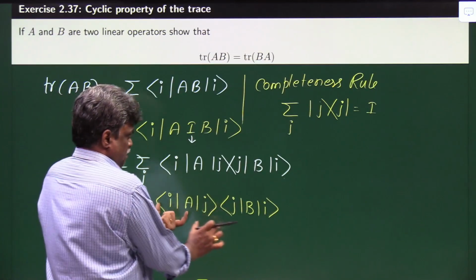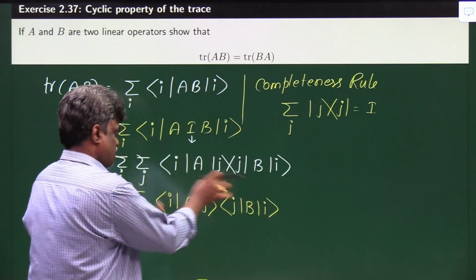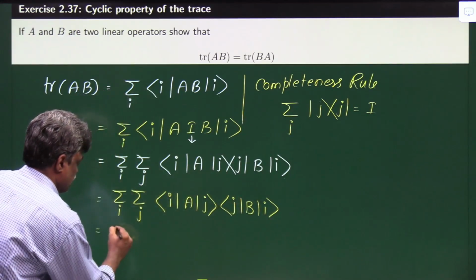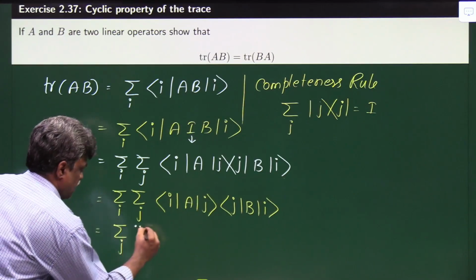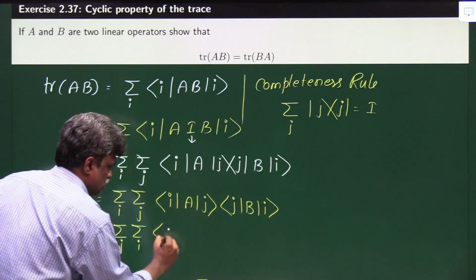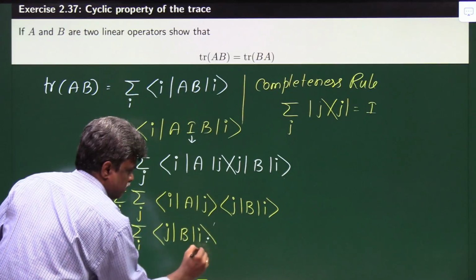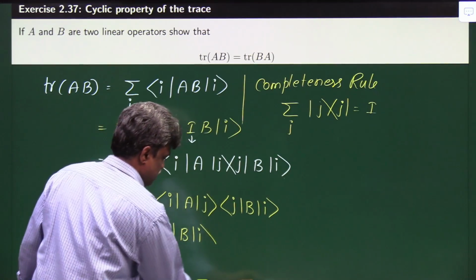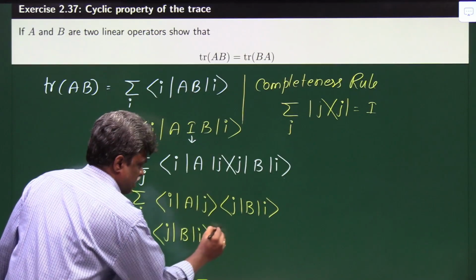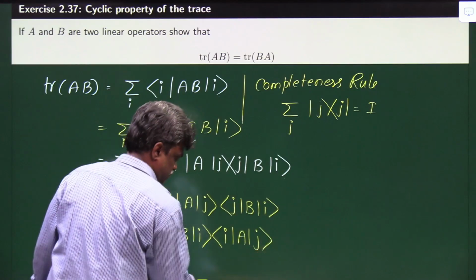So here these are matrix elements only, which are scalars. So that's why I'm just interchanging these two. So this is a summation over j, a summation over i. Just interchange these two, j B i. Carefully observe. And again this is i A j.